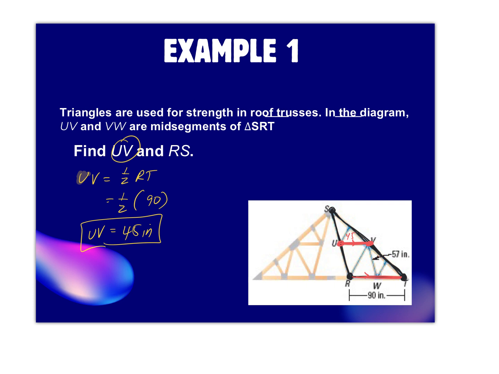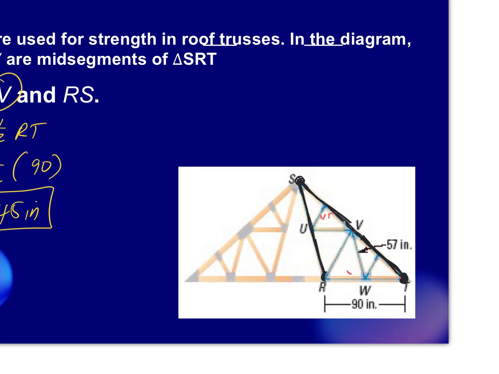Now, of course, I'm going to erase that, and I'm going to work on the next thing that they told me. The next piece of information that they gave me in the problem was that VW was a midsegment as well. So again, I'm going to find VW. Here's VW.